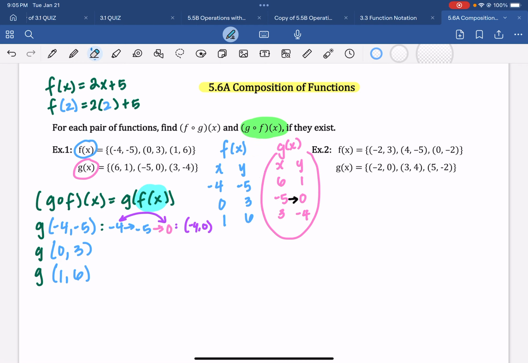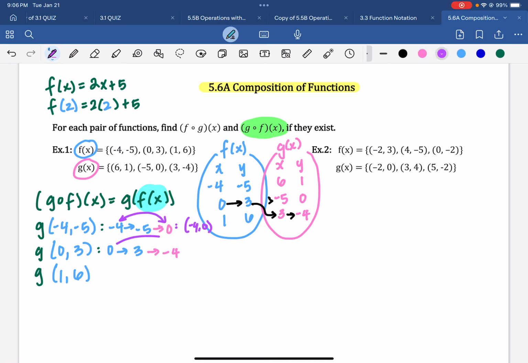Likewise, the next one, we're going to go from 0 to 3 in the f, so 0 goes to 3. Then we find that on the y and finish it off. So 0 goes to 3 in the f, and then once I continue that path into y, it goes to negative 4. So from beginning to end, that's 0, negative 4.